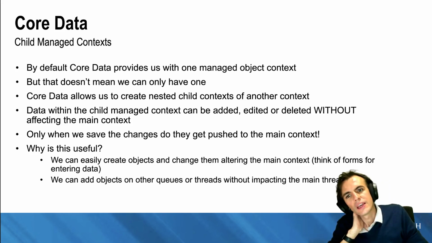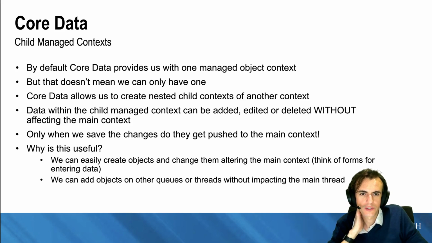And inside this child managed context, you can work with it as if it's a normal context. So you can add things to it, you can edit things, you can delete them. But anything you do there can be done without affecting the main context. So why would you want to do this?